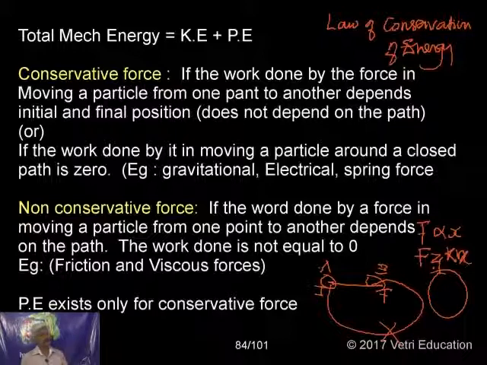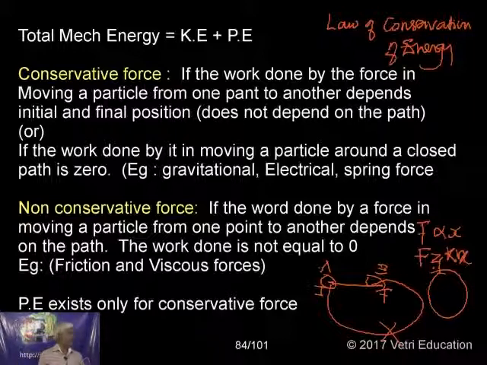Displacement is 0, as we said in the first unit itself. To make a displacement, the position must change, but here the position is the same. Therefore no displacement, therefore work done is equal to 0. Examples of conservative force: gravitational force, electrical force, spring force, etc.